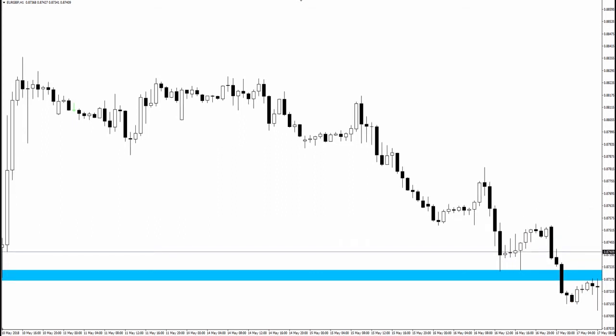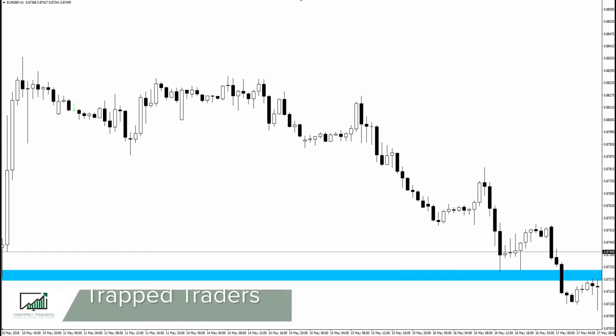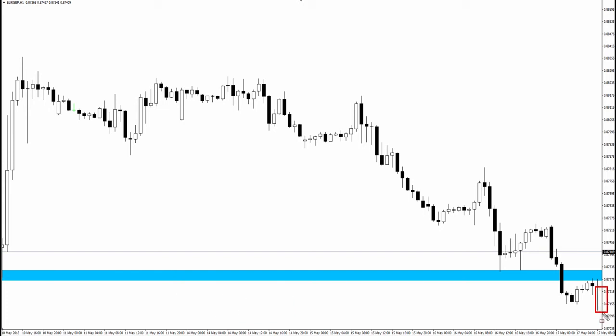Boom, right, imagine that in real time. That would have been very, very negative. So if I just change this color to red, but my candles are black, but you get the idea. Look how negative that would have looked in real time.